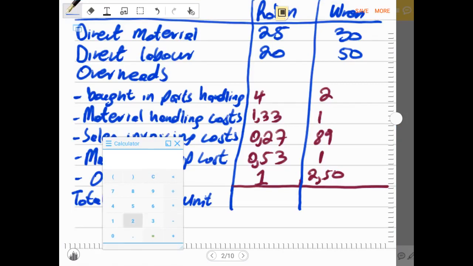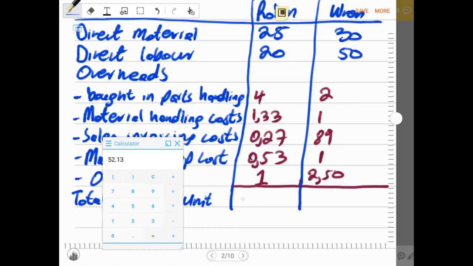Our total cost per unit is 25 plus 20 plus 4 plus 1.33 plus 0.27 plus 0.53 plus 1, which is 52 rand 13 cents.